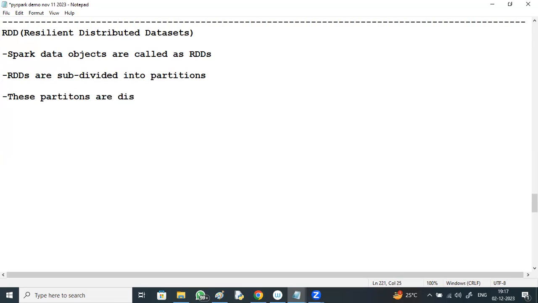These partitions are distributed across multiple RAMs of multiple worker nodes, slave nodes.